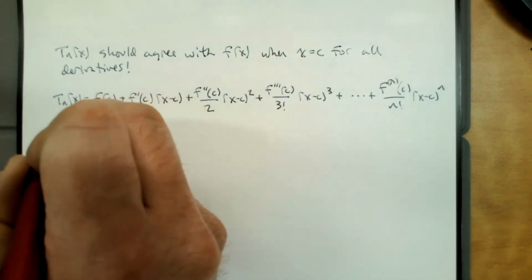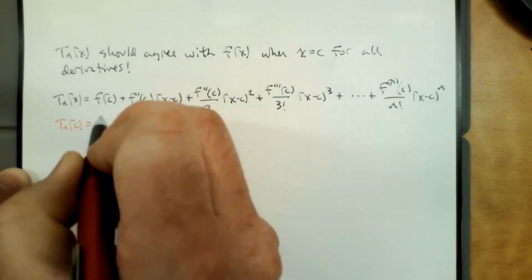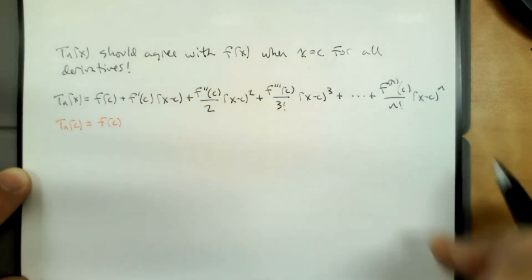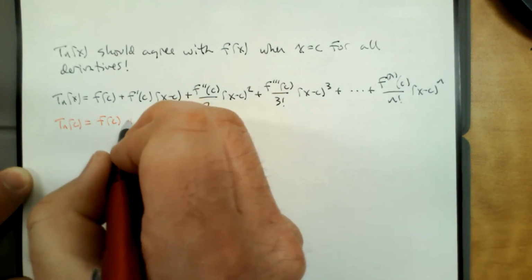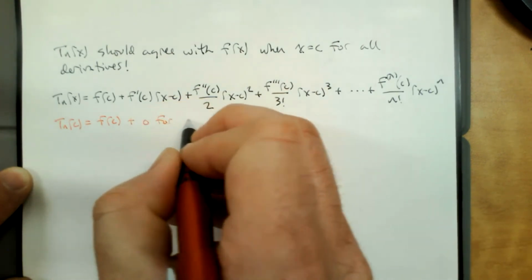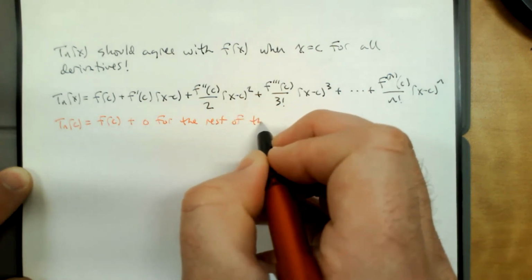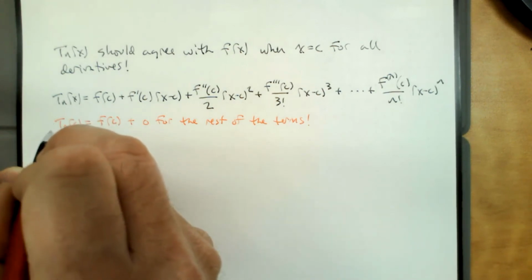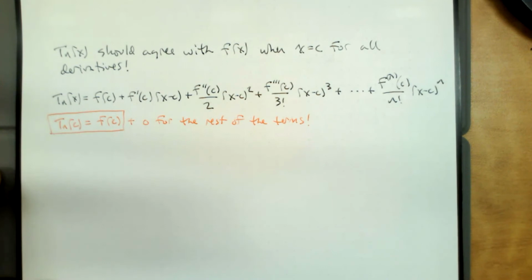T_n of c is f at c, and then all the rest of the terms zero out. This is what we wanted to have happen. The value of the polynomial is the same as that of the function.